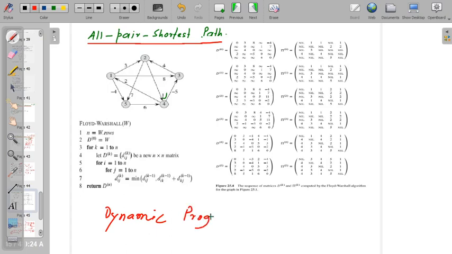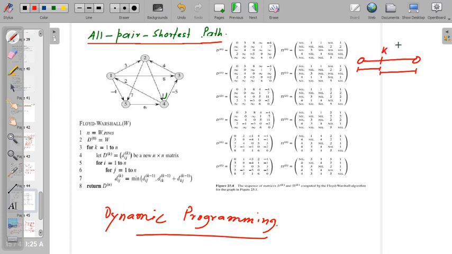In the philosophy of dynamic programming, whenever I am trying to find a solution from here to here, I think that I can subdivide this problem into two parts at some position k, or I can subdivide the problem into two parts with k at a different position, and so on.